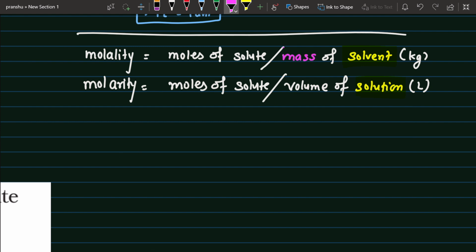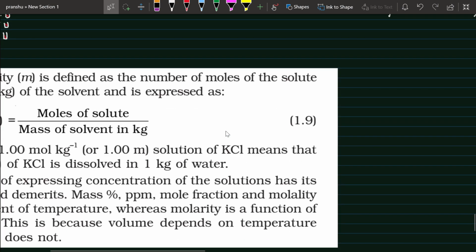Another difference, this is the mass and this is the volume. Molality is denoted by the small m and molarity by the capital M. Volume is temperature dependent and mass is temperature independent. So these are two different terms.